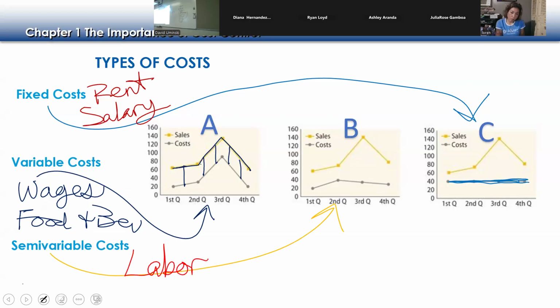Labor as a general term includes salary and wages. So that's why it doesn't go in the exact same amount, because the labor includes both salary, which is a fixed cost, and wages, which is a variable cost. So it's semi-variable. Okay.